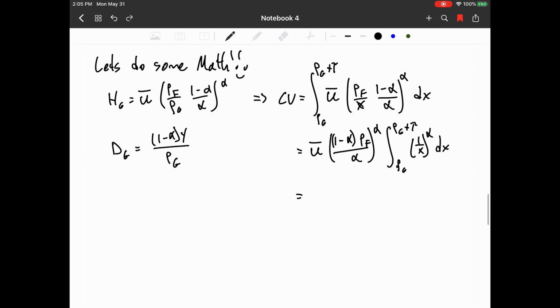And this just becomes 1 over x to the alpha minus 1, times 1 over alpha minus 1, evaluated at PG plus tau and PG, upper and lower.